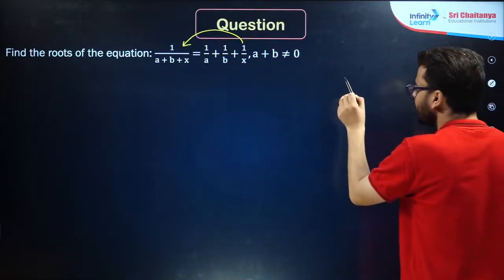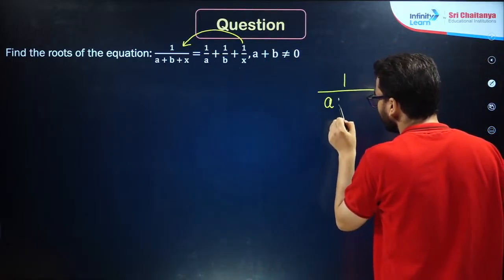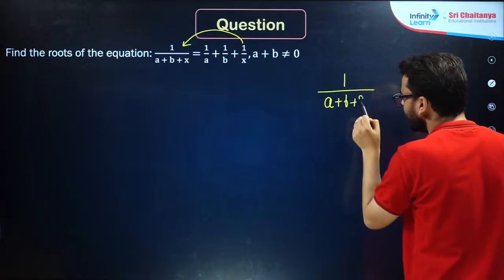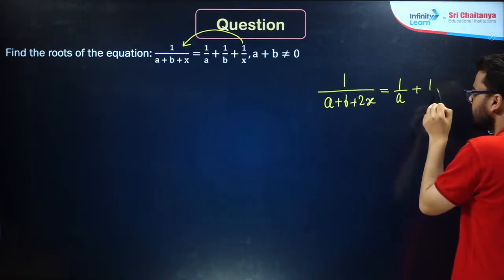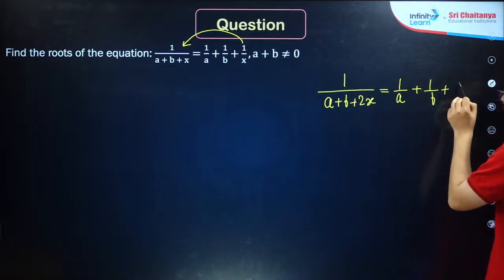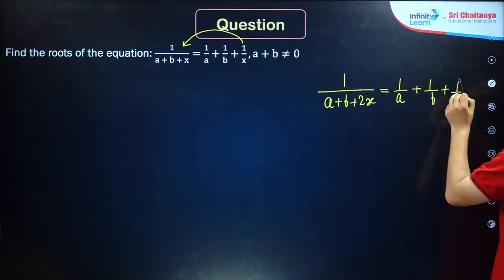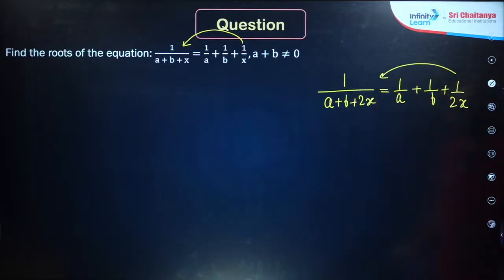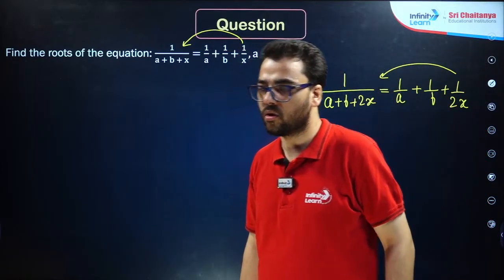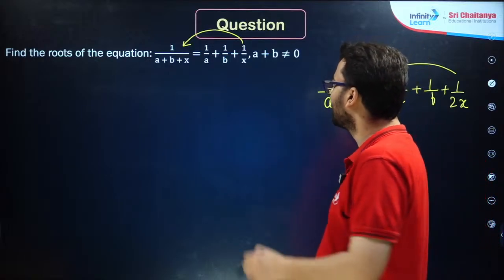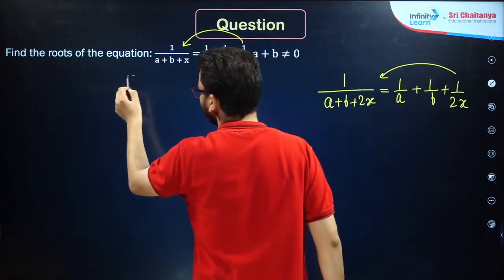For example, if you get a question like this, it can also come, that is also a previous year question. Suppose it is like this, so over here you have to take 1 by 2x on the left hand side. Okay, Ravinder.